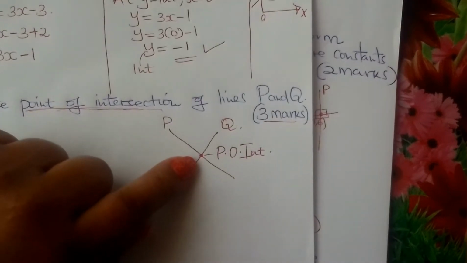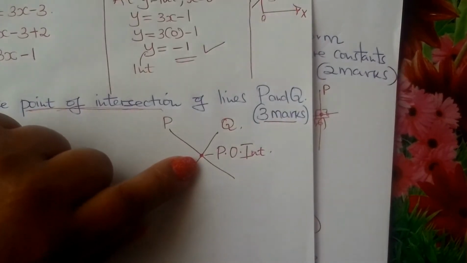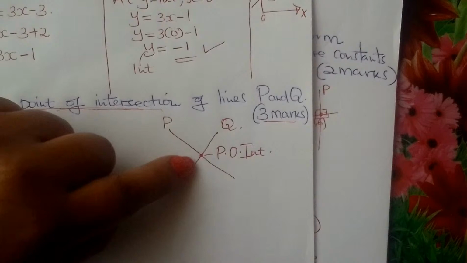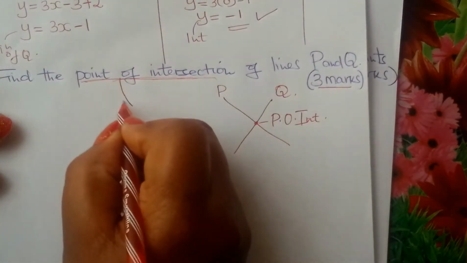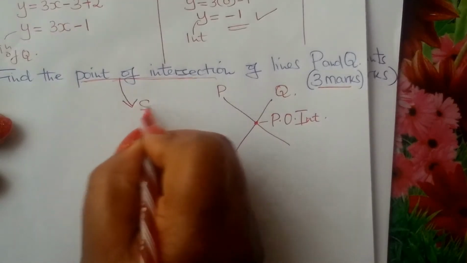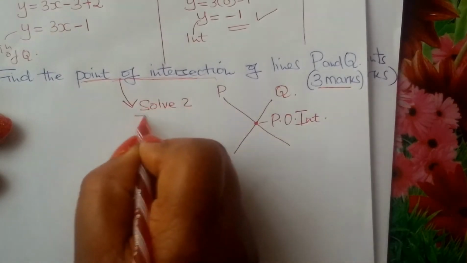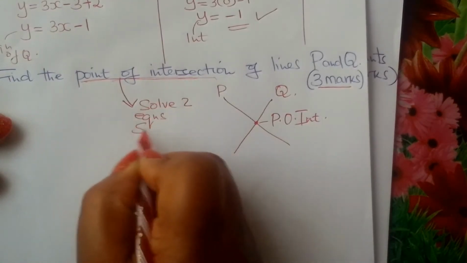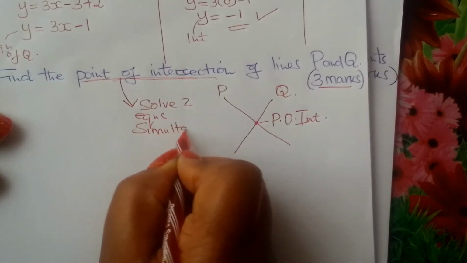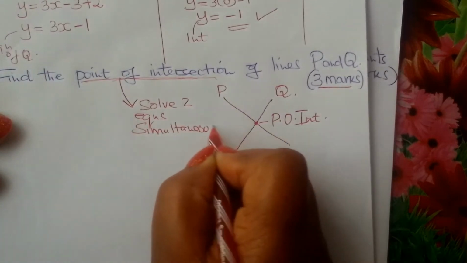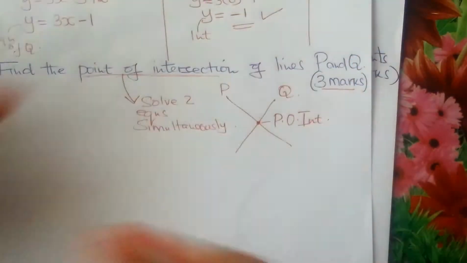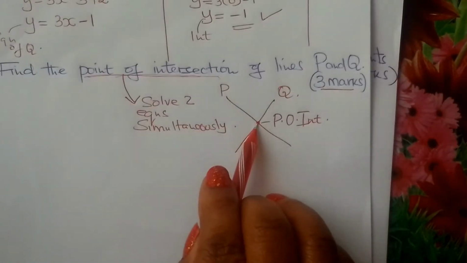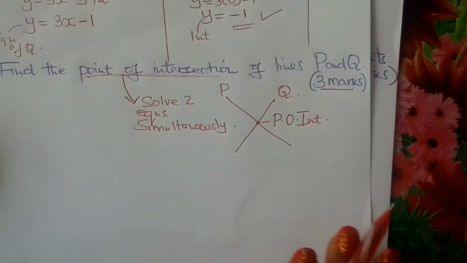So how do you find it, learner? This is form one work. If you are told to find the point of intersection, you solve the two equations simultaneously. If you want to find the point of intersection of any two lines, you solve the two simultaneously.